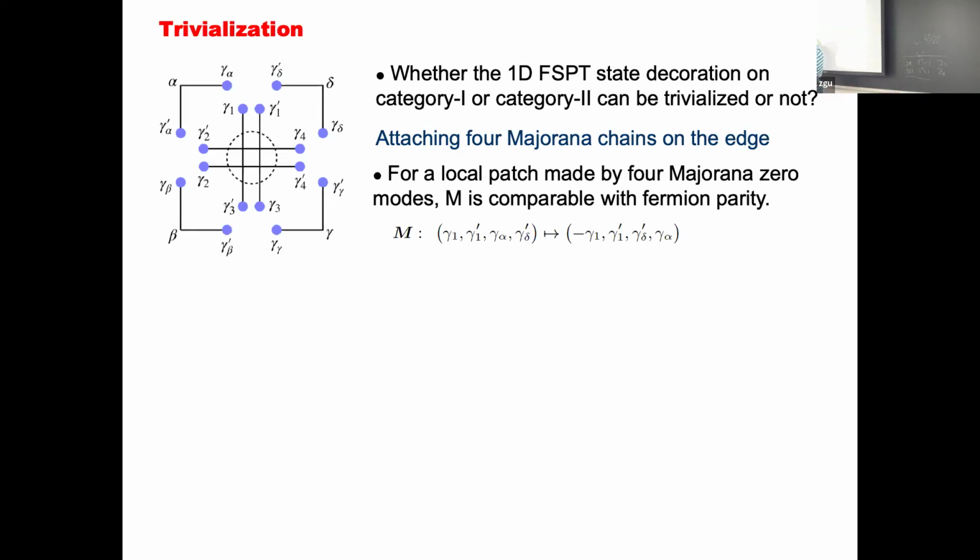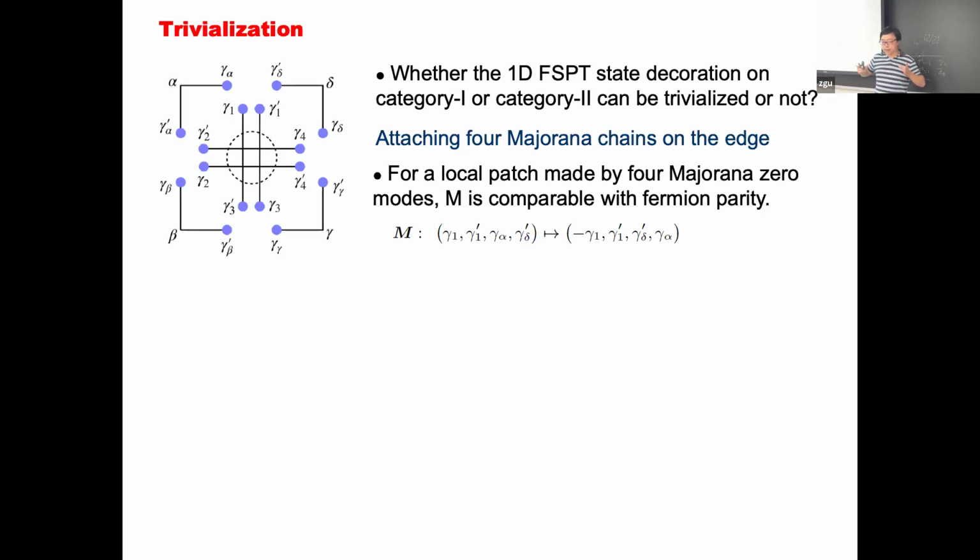Imagine you make a disk prepared in the lab, and then you decorate Majorana chains, double Majorana chains, on these high-symmetry lines 1, 2, 3, 4. In the end you end up with 8 dangling Majorana modes on the boundary of the disk. Then in the lab, people try to, for example, attach some open Majorana chain on the boundary.